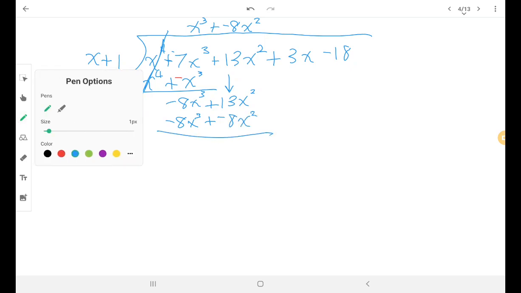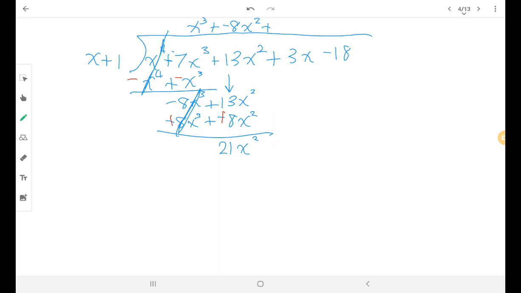Now I need to subtract them. I need to distribute a negative. In other words, change the signs on both of them so that I am subtracting. These two cancel. They better cancel. That's how you designed it. And then 13x squared plus a positive 8x squared is 21x squared. Put a plus up here and start this whole game over again.